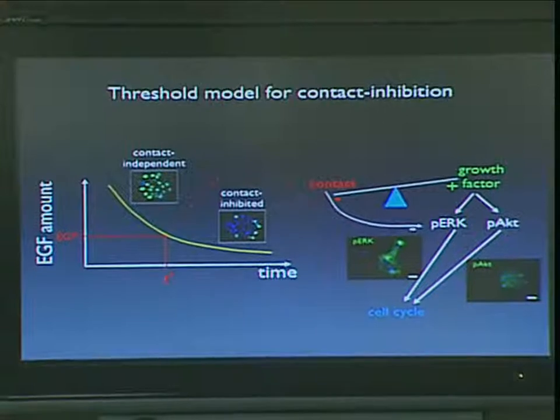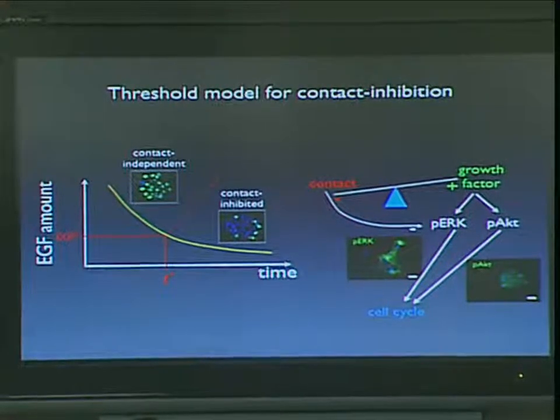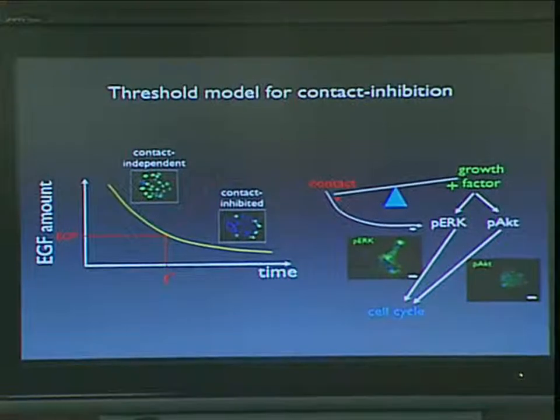And so when we look at MAP kinase, we see a loss of signaling in the interior of these clusters, whereas in AKT it's more uniform staining. So it suggested to us that contact inhibition is working specifically through the MAP kinase pathway and inhibiting this pathway while not affecting the AKT pathway.